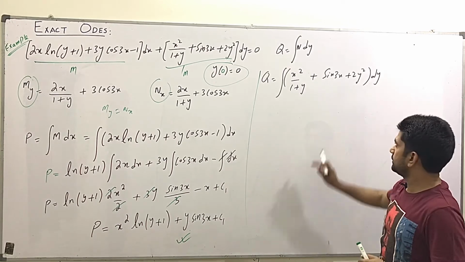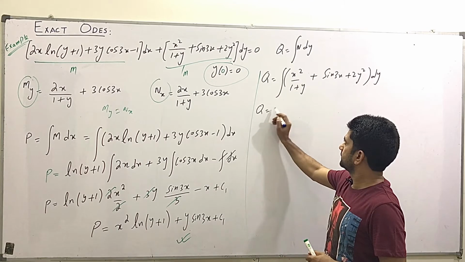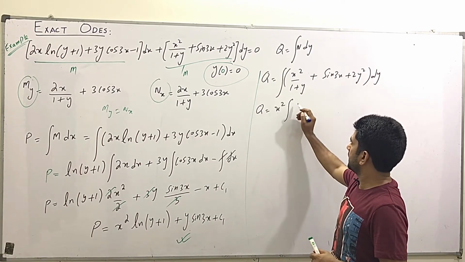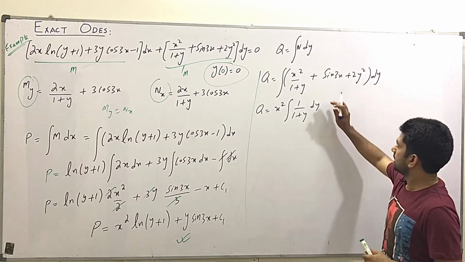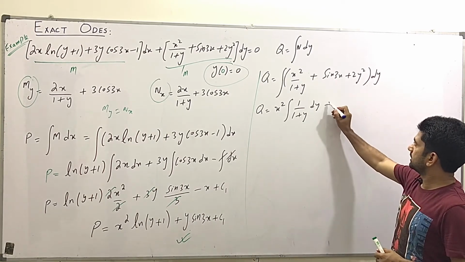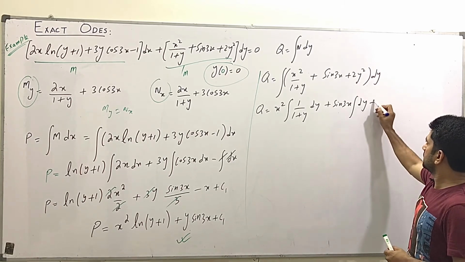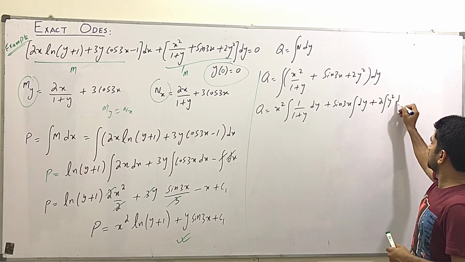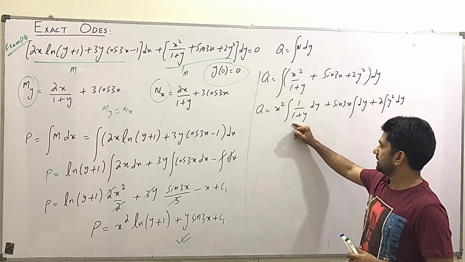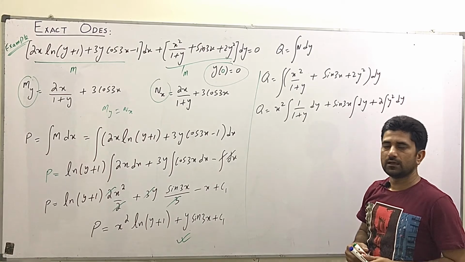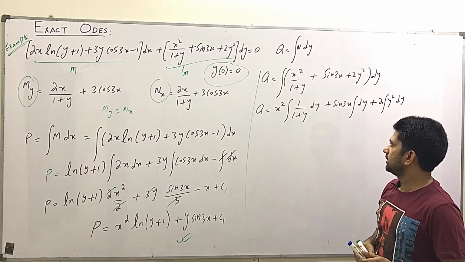Again we are going to integrate with respect to y, so the x term will be outside, x² outside, and here we have 1 upon 1+y dy, and here we have plus sin 3x outside, and inner we have dy, and from here 2 times y² and dy. We see that the integral of 1 upon 1+y is ln(1+y).